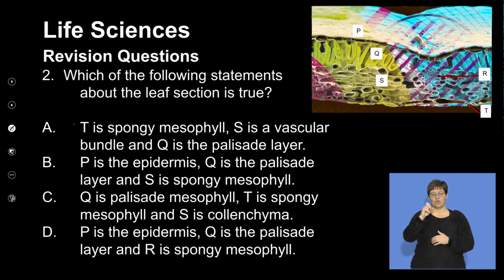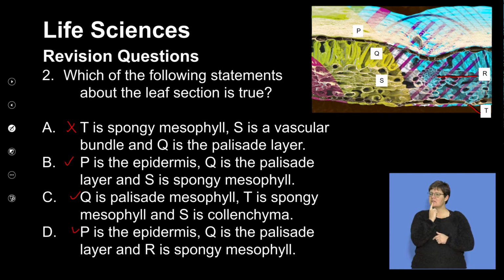So we can tell straight away, it's not A. P, is P the epidermis? Yes, so it could possibly be that. Q, is Q palisade mesophyll? So it could possibly be that. So those are possible.